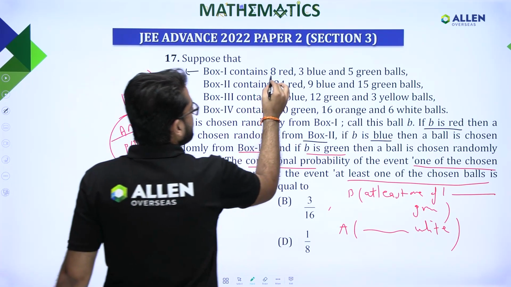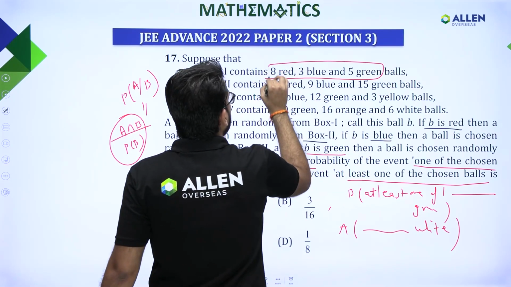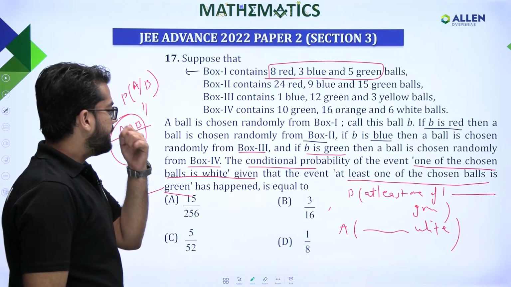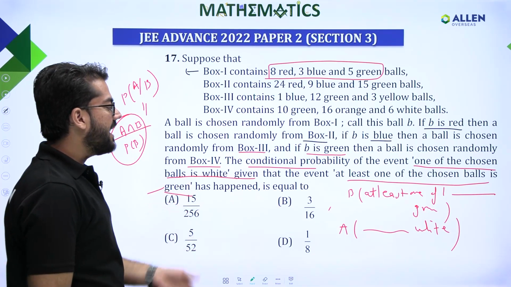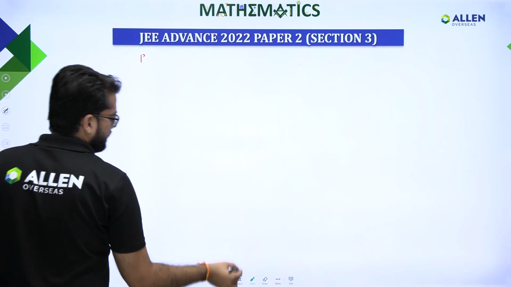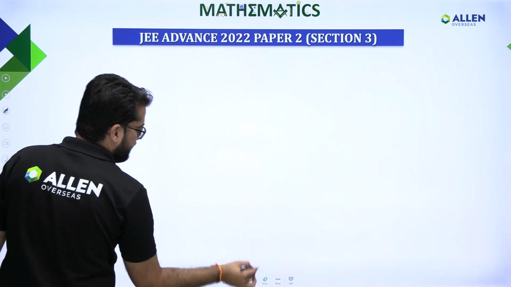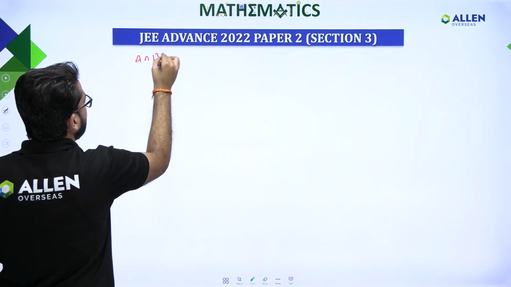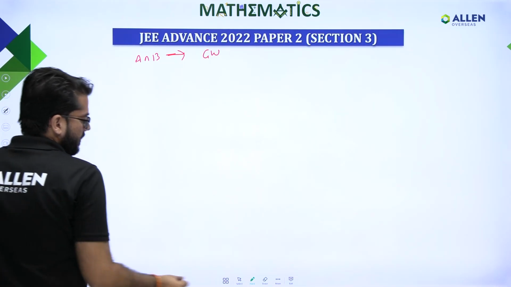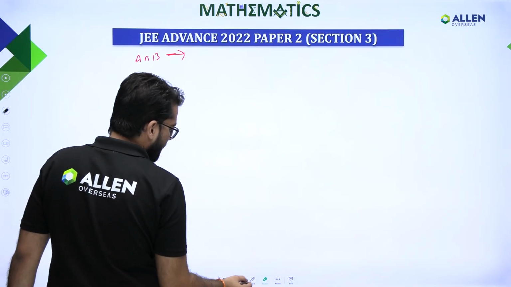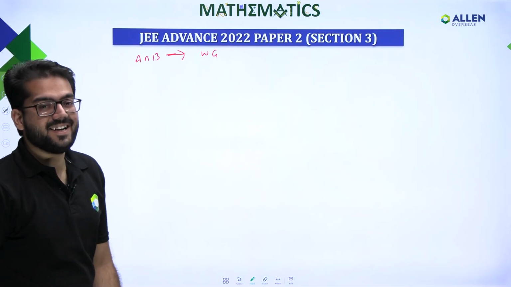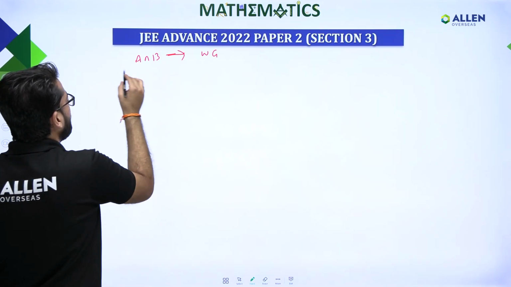Say we pick a green ball from box 1, and then we have one case in which we get the white ball. So the intersection is only one case, which is green and white, or in proper order white, green, for better understanding. Now what about B?